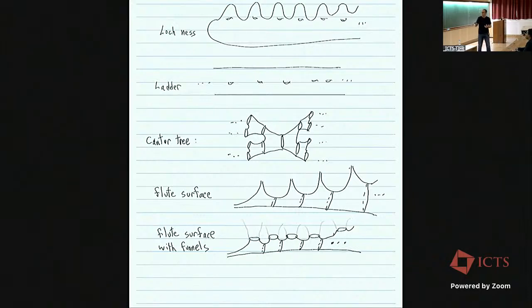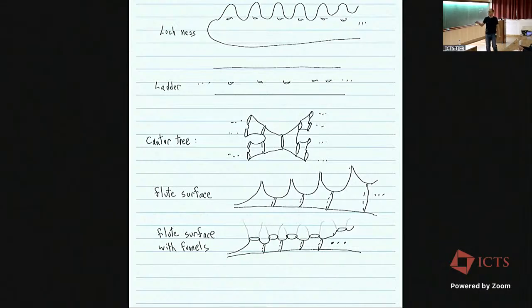But you have freedom as to what's going on over here. These are cusps in this picture. These are funnels. And sometimes this is useful, because one fact is that every infinite type surface contains a flute surface. So you could parlay that to answer lots of questions.